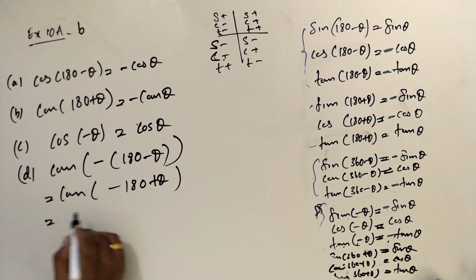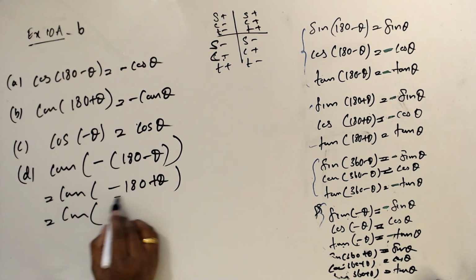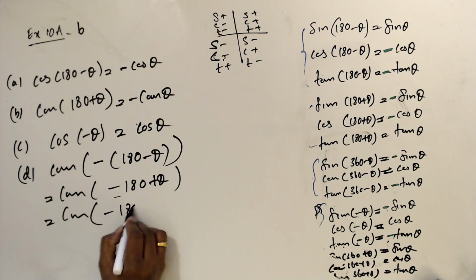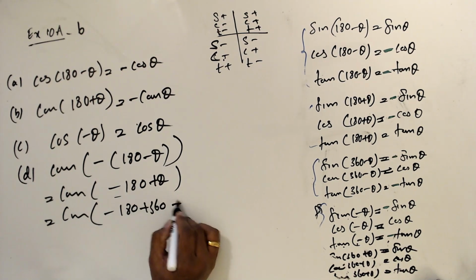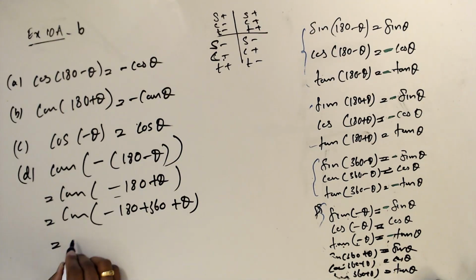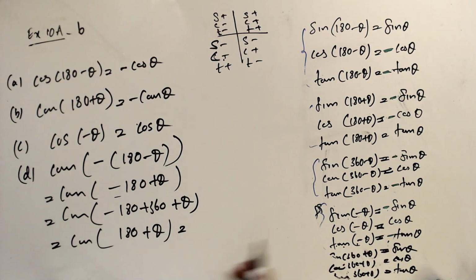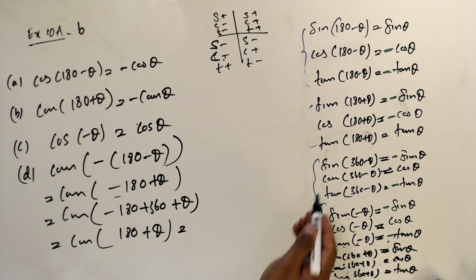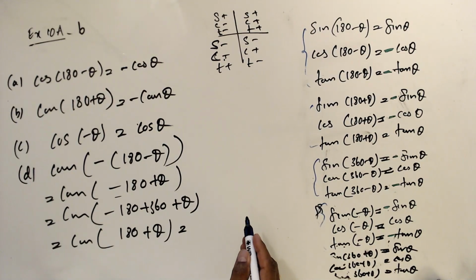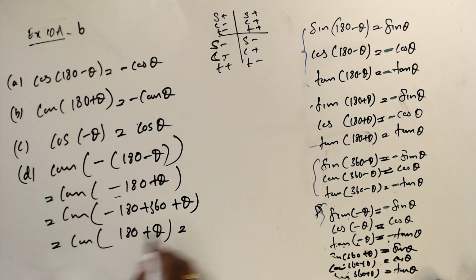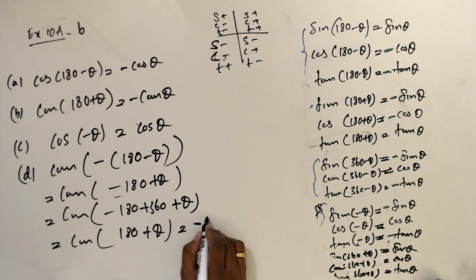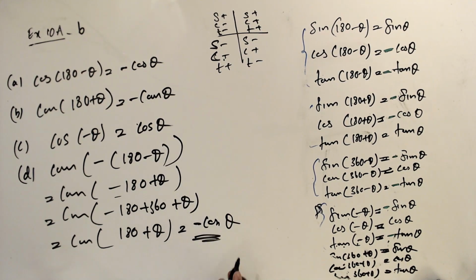Now I am not happy because this part is negative, so I add 360 to make it positive. So this is 180 plus theta. 180 plus theta is in which quadrant? 180 and another theta, third quadrant. Third quadrant cos is negative. Negative cos theta.